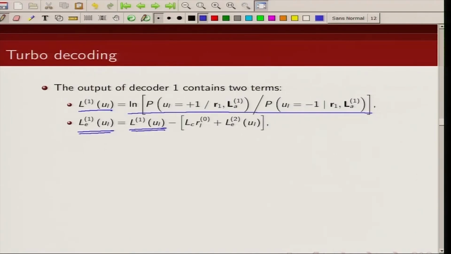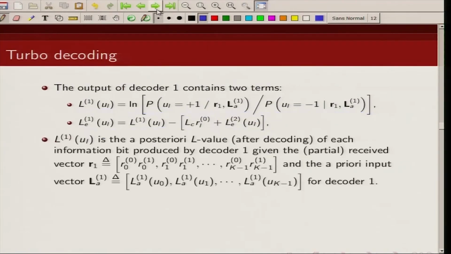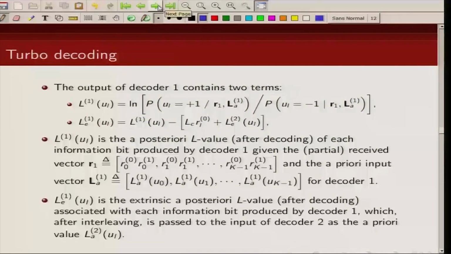From the APP L value, we are subtracting the contribution of the received channel value, and we are subtracting the contribution of the a priori value, which is nothing but the extrinsic value of the other decoder. Okay. So, this we have explained. So, this is the APP L value and this is the extrinsic L value.